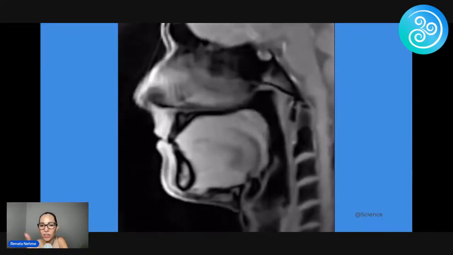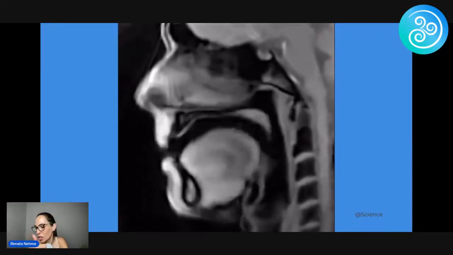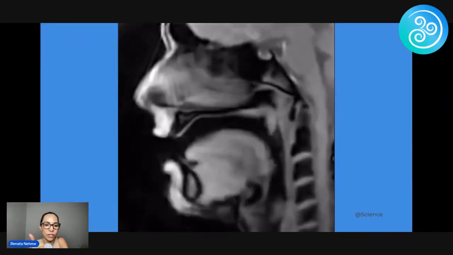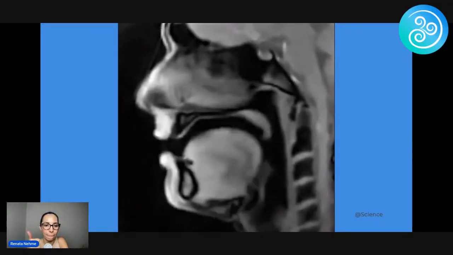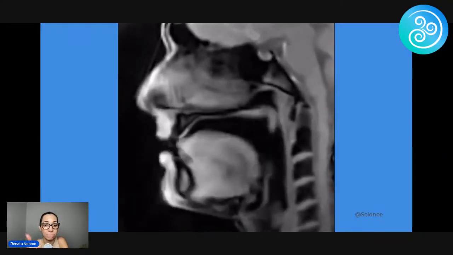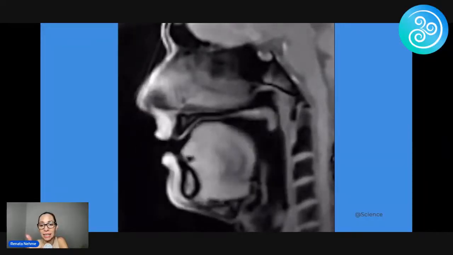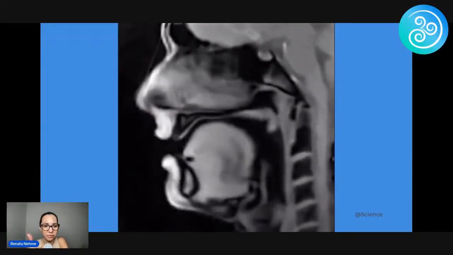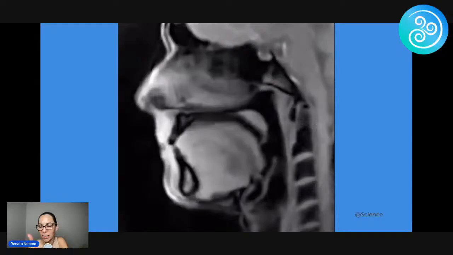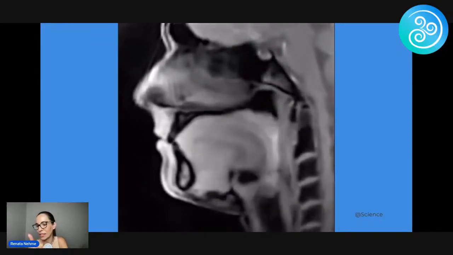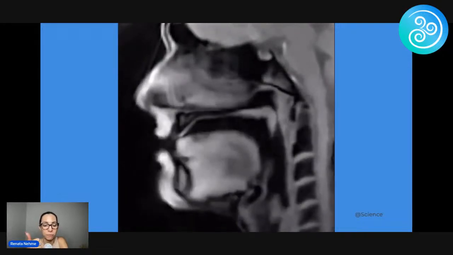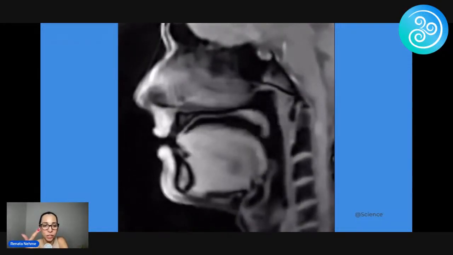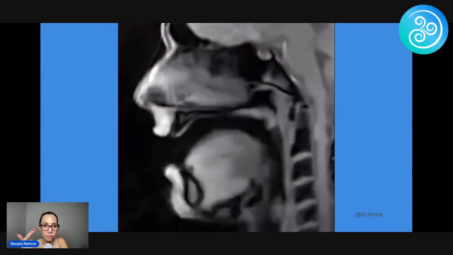How many patients do you guys get right here? Give me a percentage of how many patients you get that have crooked teeth, that have misaligned teeth. I'm curious to know, what would you say your percentage of patients have misaligned teeth? So if you don't have enough room for your tongue in your mouth, your function is going to be impacted. Now, if you have a restriction underneath your tongue, your function is going to be impacted.